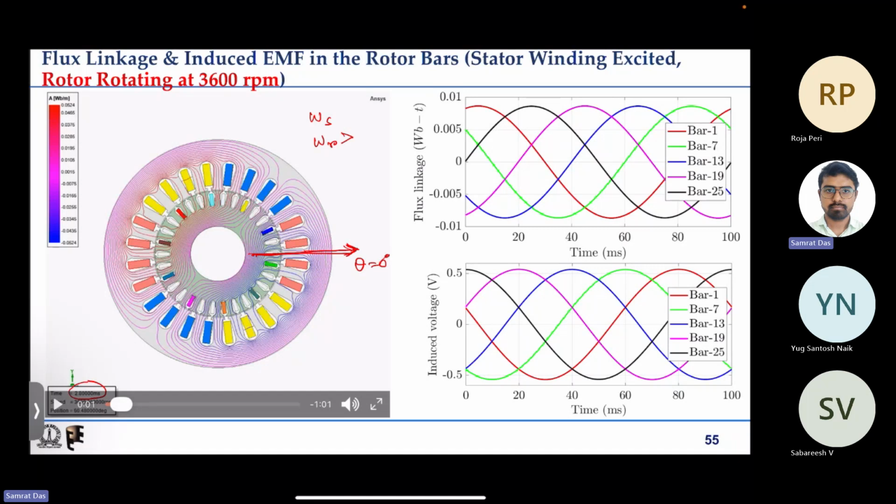If the rotor mechanical speed is greater than the stator speed, then the rotor will move ahead.